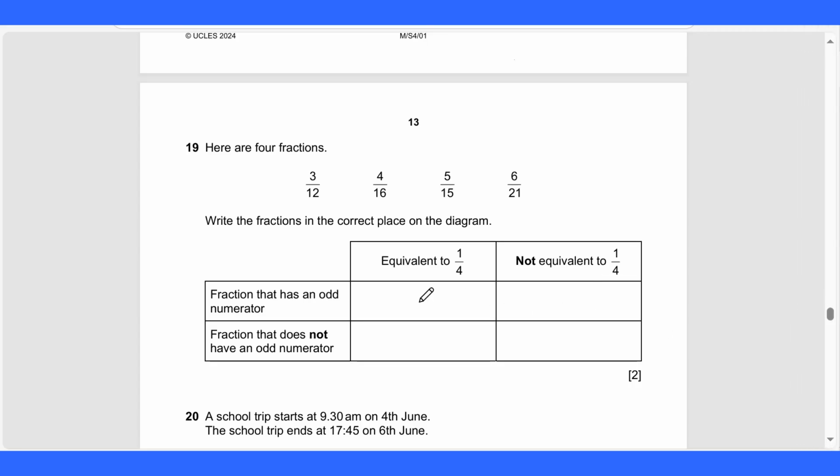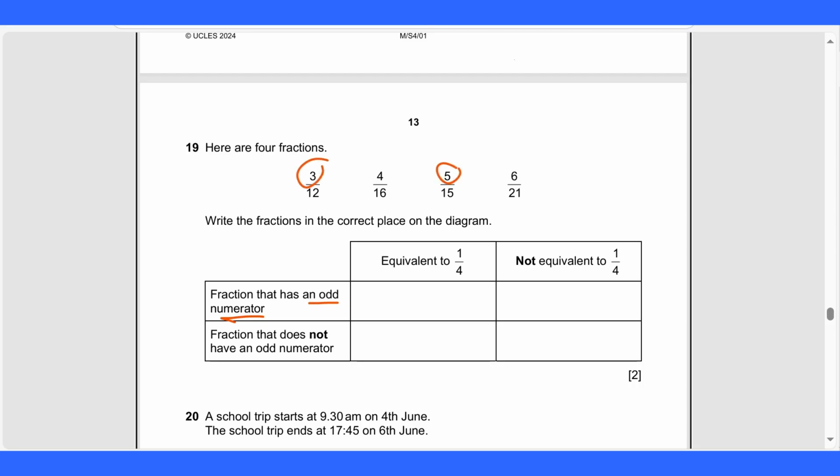So, which fractions have an odd numerator? 3/12 and 5/15 both have odd numerators. But which one is equivalent to 1/4?